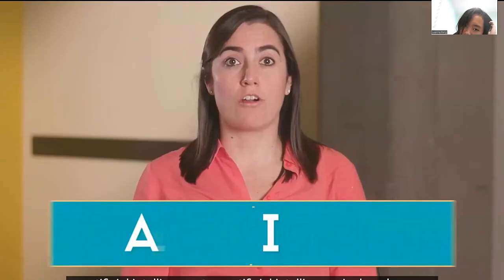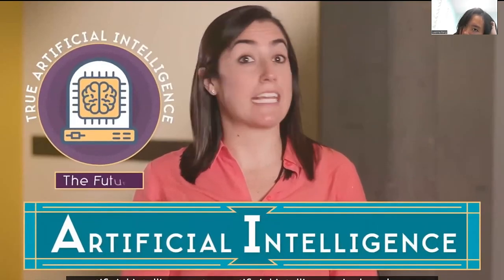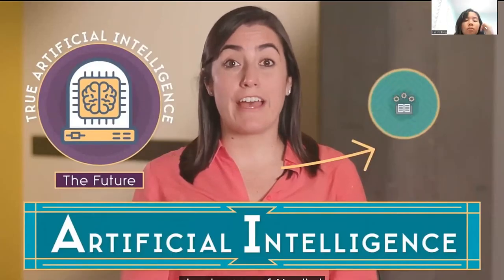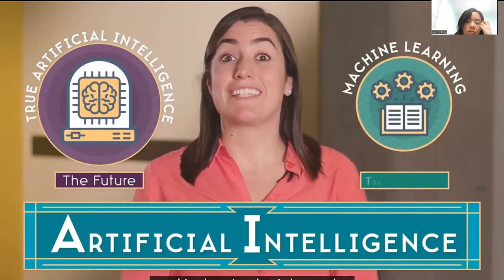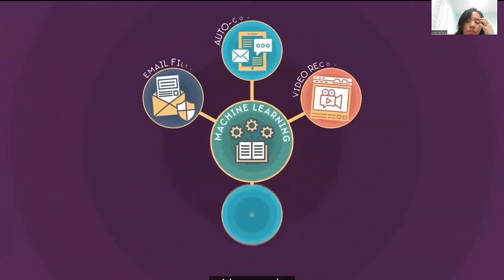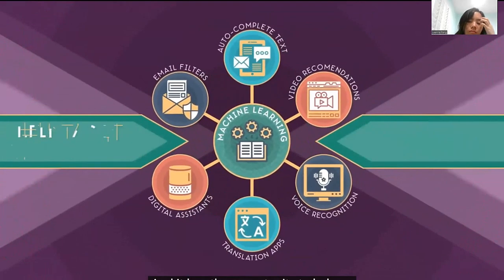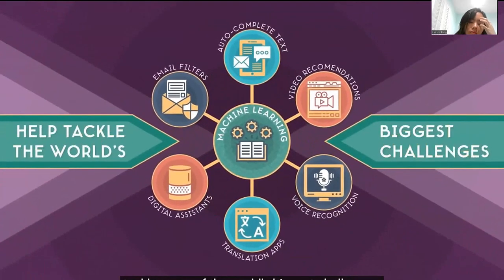You may have heard about something called AI, or artificial intelligence. True artificial intelligence is decades away. There's a type of AI called machine learning that is here today. It's a type of AI you probably interact with every day without even knowing it. And it has the opportunity to help us tackle some of the world's biggest challenges.